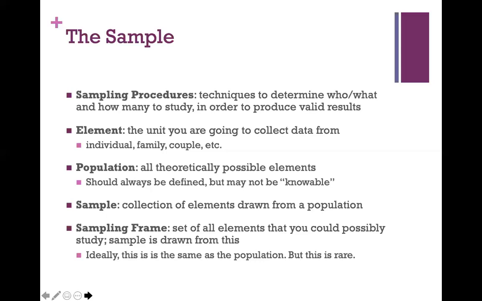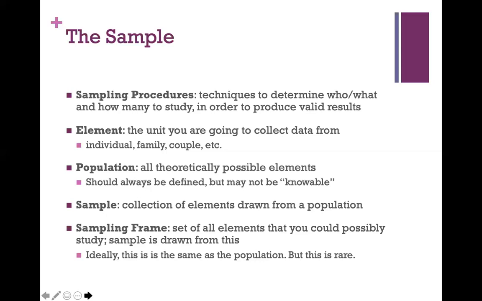So another example would be, let's say you want to study MFTs in Connecticut. So what is the element? The element is one person defined as an MFT. So what is the population? All theoretically possible elements. If I'm studying MFTs in Connecticut, then the population would be any MFT in the state of Connecticut. So I can define that. Can I know it? So can I get a list of all MFTs in Connecticut?